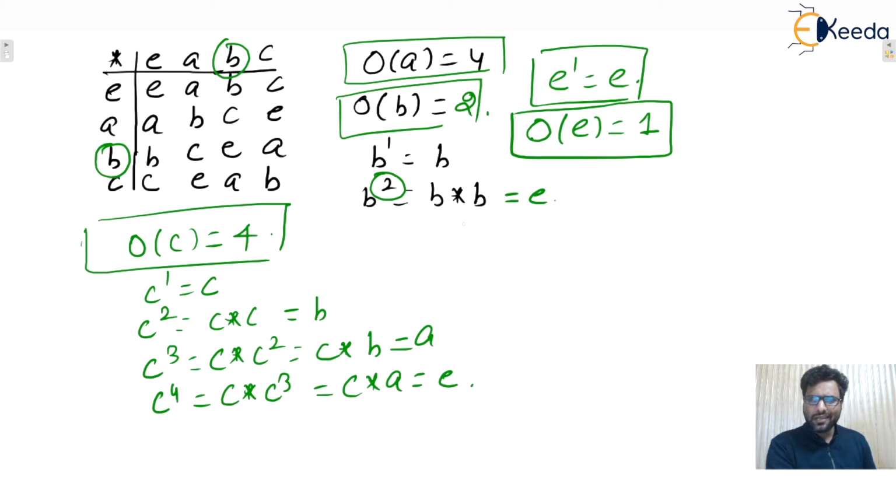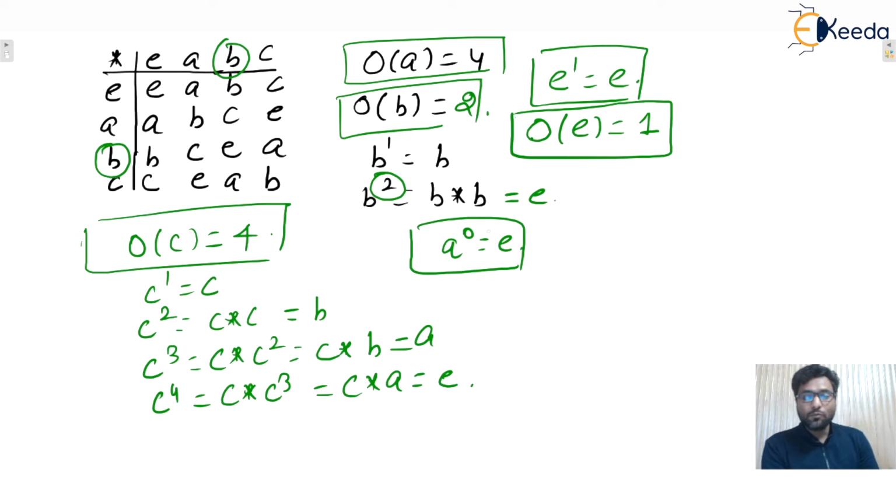So A power 0 will be the identity element. But you cannot say that the order of A is 0, because the definition says that n must be the least positive integer. So 0 is neither positive nor negative. Positive numbers start from 1 only, isn't it? Okay. So remember this one.